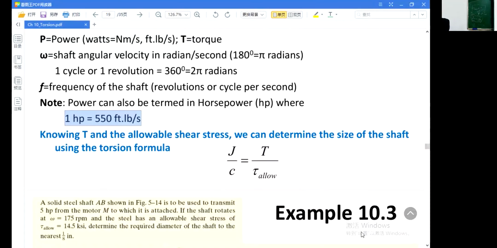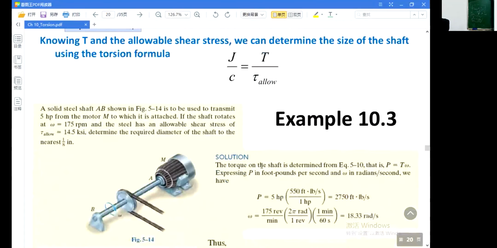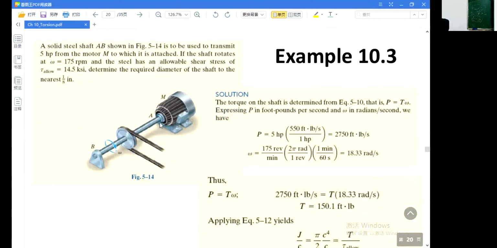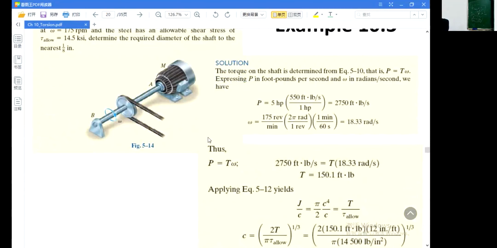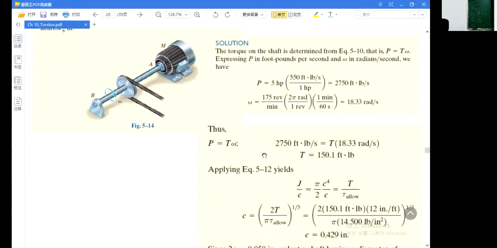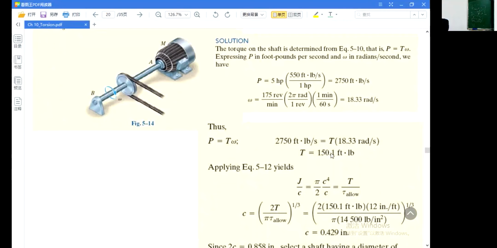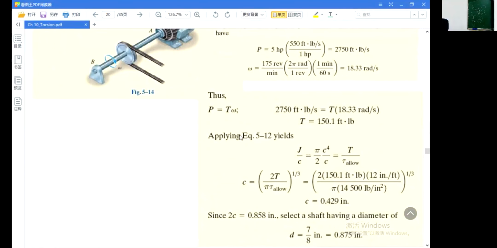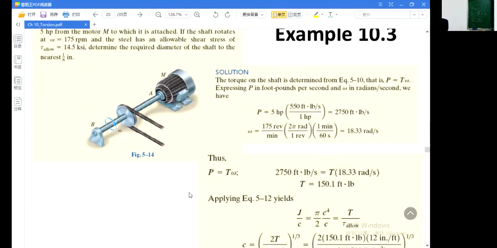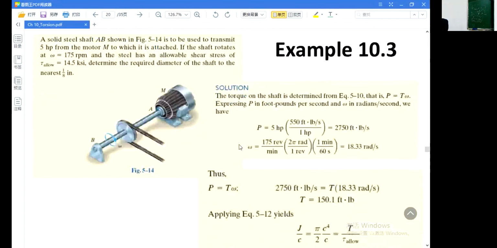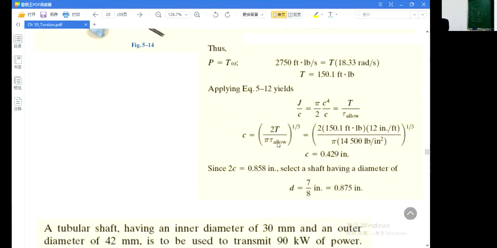Understand? So let's design the shaft, the radius of the shaft. Because we know T is 150.1 foot-pound, apply the equation.